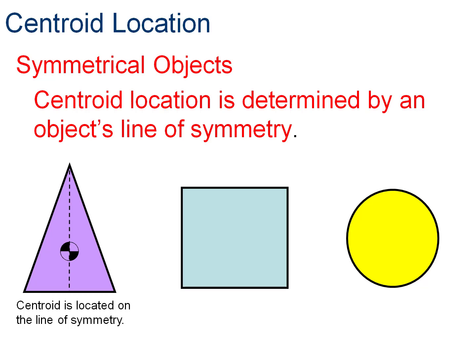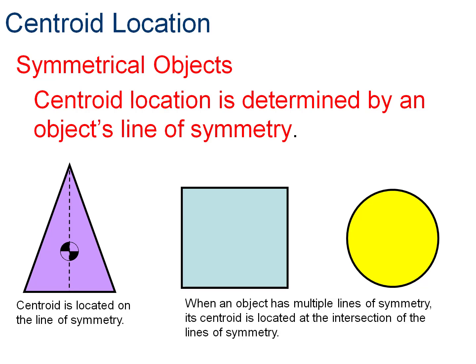If we look at a square, we can take the multiple lines of symmetry, and where they intersect is the centroid. So if I draw corner to corner on basically a square, you'll see that my centroid is right smack in the middle, or any rectangle that would also work.